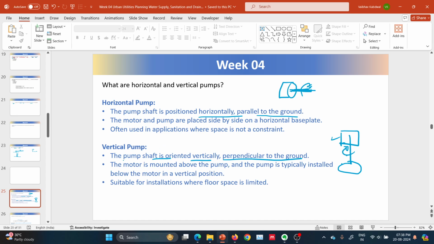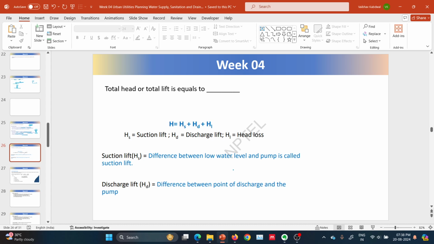Vertical pumps are mounted with the motor above, and the pump is typically installed below the motor in a vertical position. You can see in the slide also, you can understand. They are suitable for installation where floor space is limited. Head or total lift equals suction plus delivery plus loss.